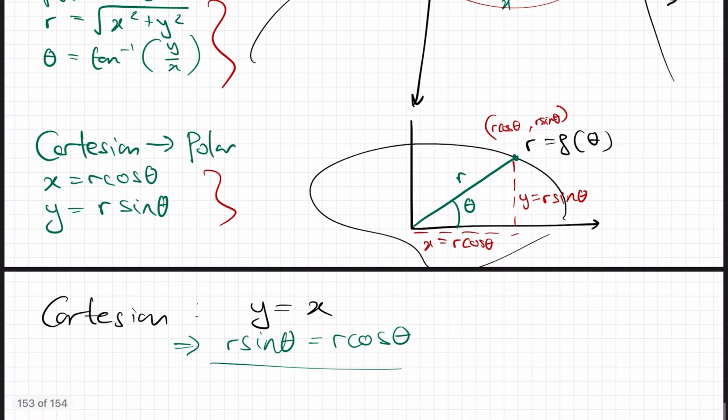And here's our polar equation. We can simplify this a little: if we move this over and cancel r's on both sides, we get tan theta equals 1. You'll notice that this polar equation doesn't have an r in it at all.